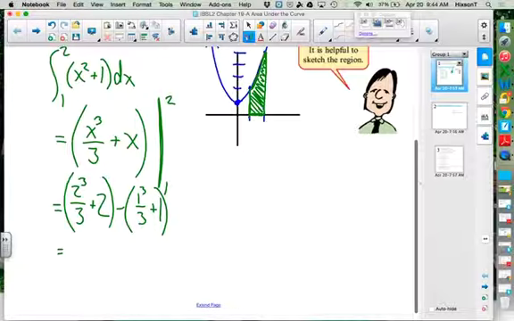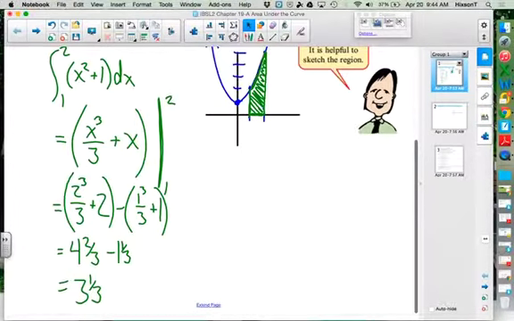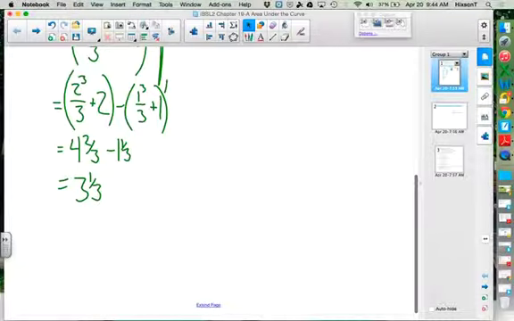So here we have 8/3 plus 2, which is 4 2/3, minus 1 1/3. So we get 3 1/3. We get 3 1/3 for our total area.